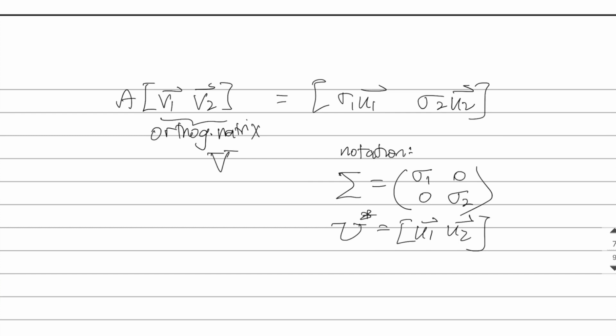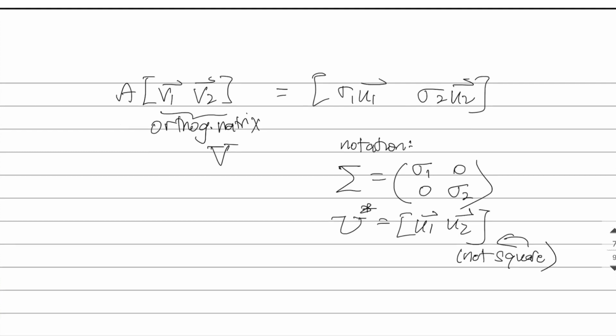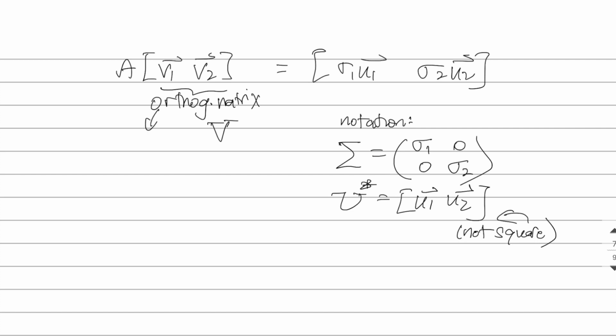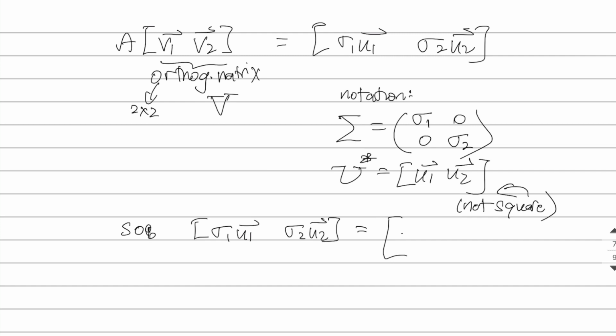Now note that this is not square. It's not an orthogonal matrix, but this one is square. This is a 2 by 2 matrix. We could write this as U1, U2 times the first column here, and then U1, U2 times this second column.